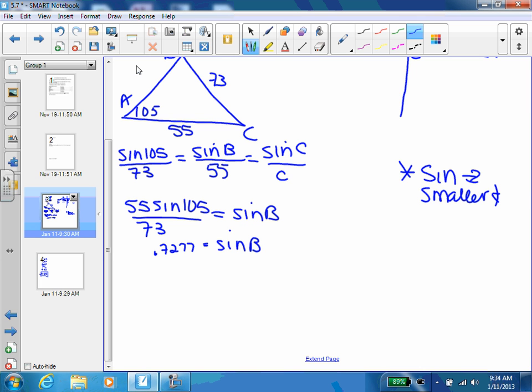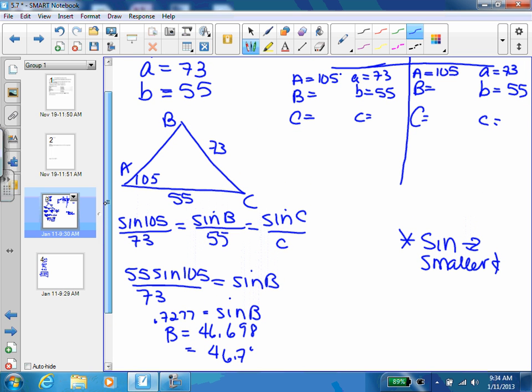And so you're going to get that B is equal to 46.698, so about 46.7 degrees. So for case 1, B is clearly 46.7 degrees. Now, what did we do yesterday to figure out how to find angle B for case 2?